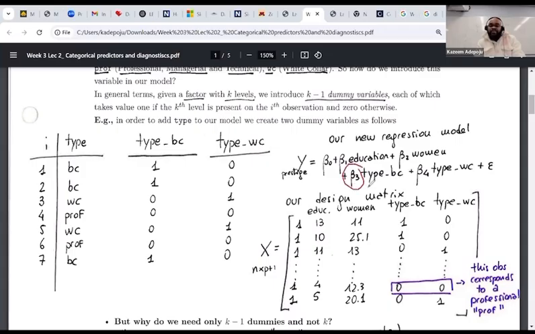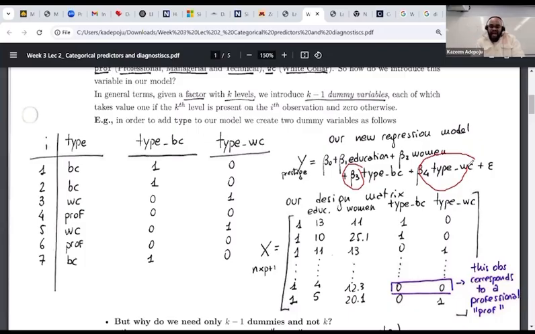The way I interpret type BC should be relative to the other level of the variable that I referenced, prof. It's going to be relative to that. If I want to interpret WC, it's also going to be relative to the other level that was referenced.